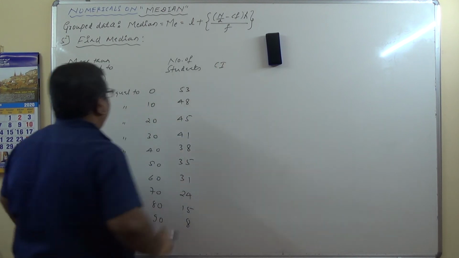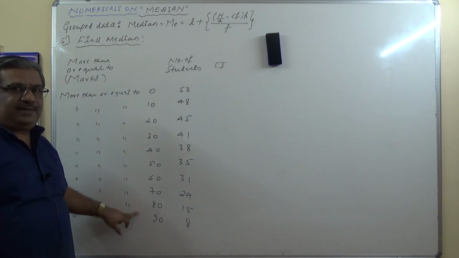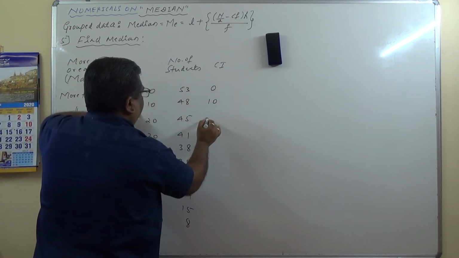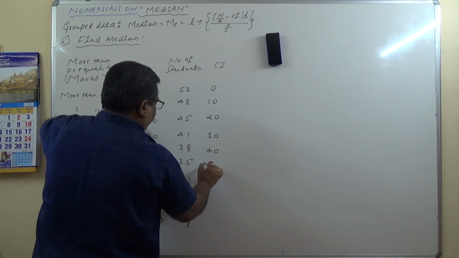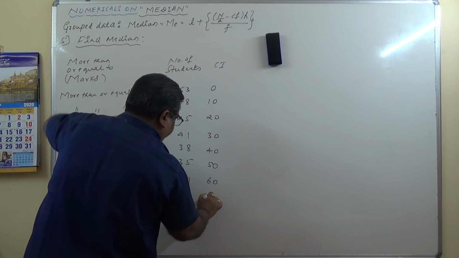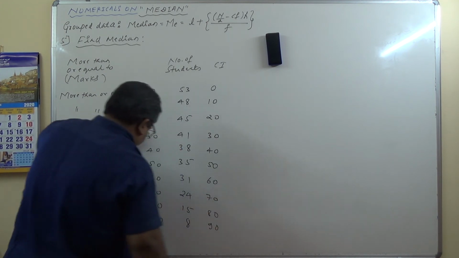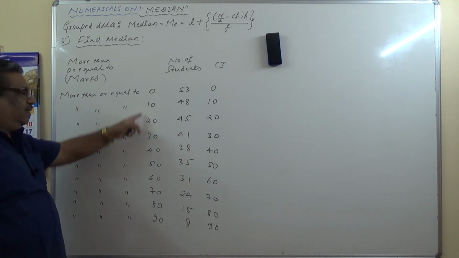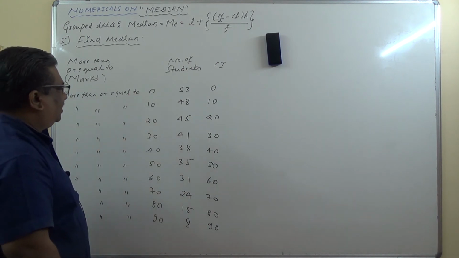Next, class interval. More than or equal to, all these are lower limits. So lower limits are 0, 10, 20, 30, 40, 50, 60, 90. Got it? More than or equal to means all these are lower limits. The more than series consists of lower limits.